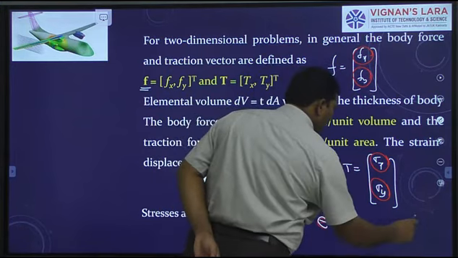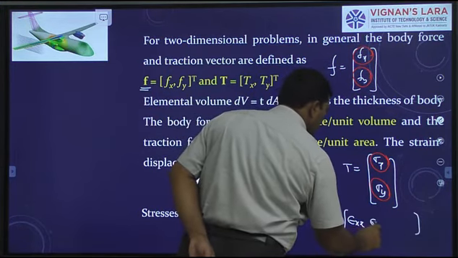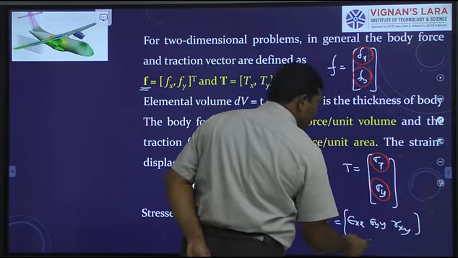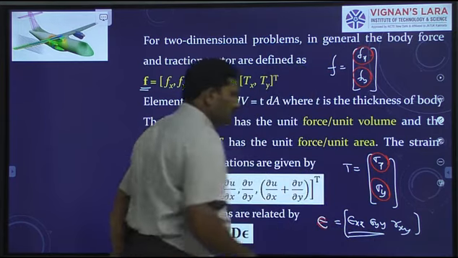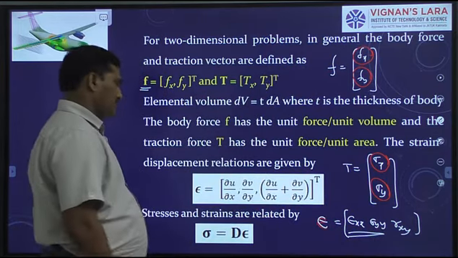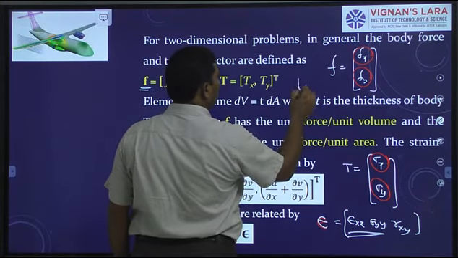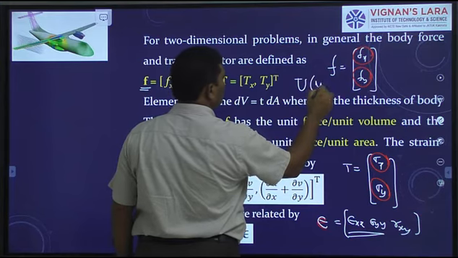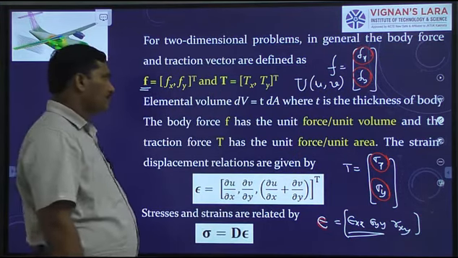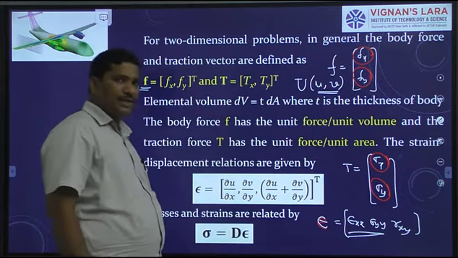Its components are epsilon xx, epsilon yy and gamma xy, where epsilon xx and epsilon yy are the normal strains and gamma xy is the shear strain. The displacement field U has two rectangular components, u and v, which take place in the directions of the x and y axes.